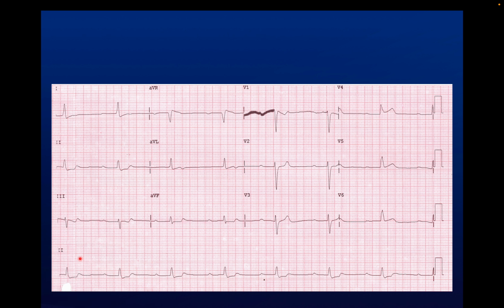Now, here we have an 84-year-old female, known case of atrial fibrillation and senile aortic stenosis, who underwent percutaneous replacement of the aortic valve, presenting with new onset shortness of breath 1 day post procedure.